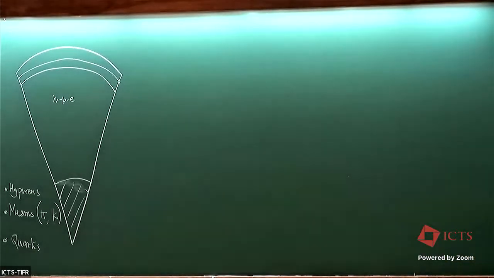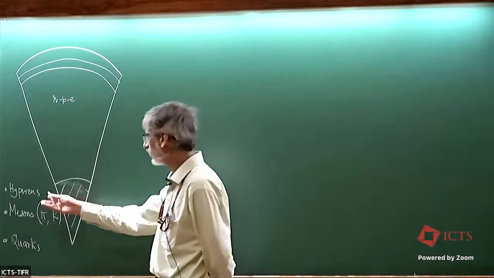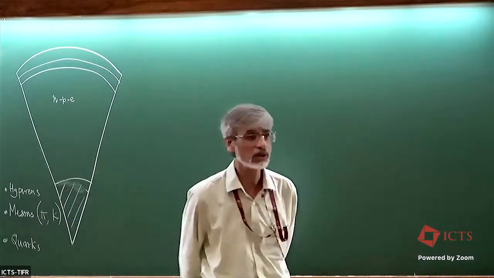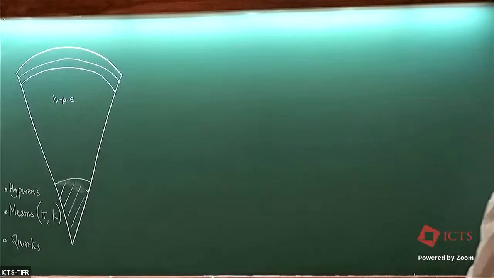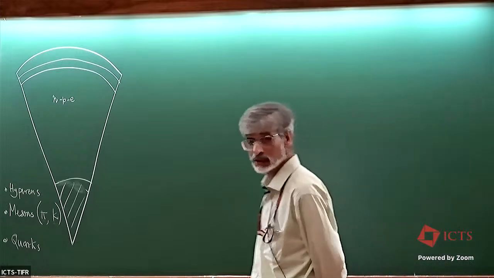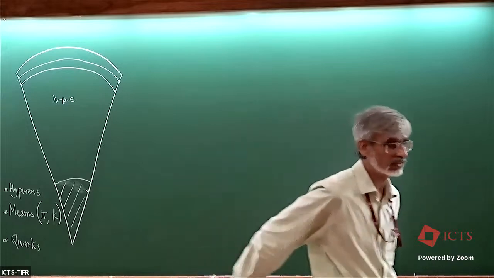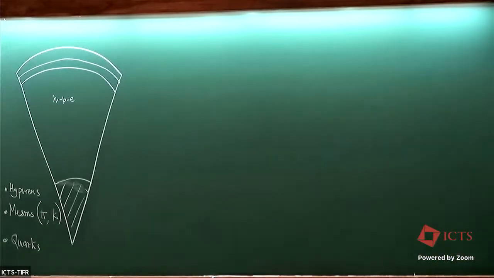This is one of the things that one hopes to determine from astrophysical observations, because for any combination of these mixtures you choose, you get a different equation of state. Many of these equations of state in the table that you have seen before make different assumptions about this composition. So if we are able to constrain the equation of state, we will be able to constrain this as well.